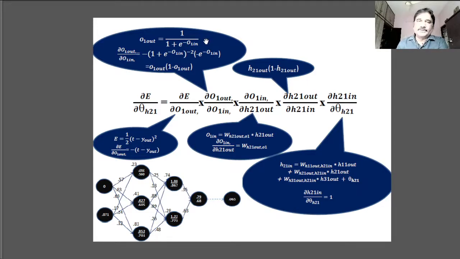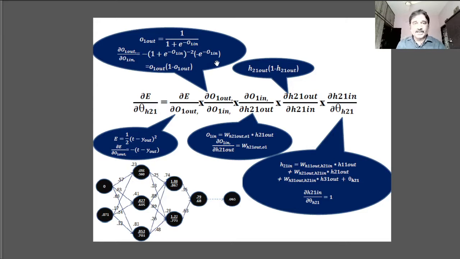So what will happen when I differentiate? That minus 1 will come here, and this bracket 1 plus e to the power minus O1 in, the bracket complete, to the power minus 2, into the differentiation of this, and that is minus e to the power minus O1 in.